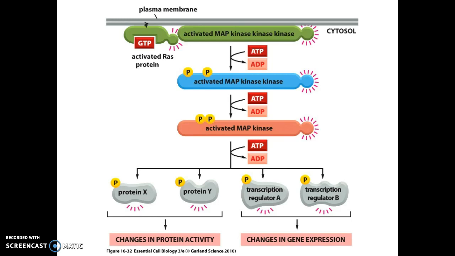So between G protein coupled receptors and receptor tyrosine kinases, this is a lot of really good stuff that you need to know, especially for Chapter 18 and Chapter 20. Chapter 18 being cell cycle and Chapter 20 being cancer, because these pathways are involved.